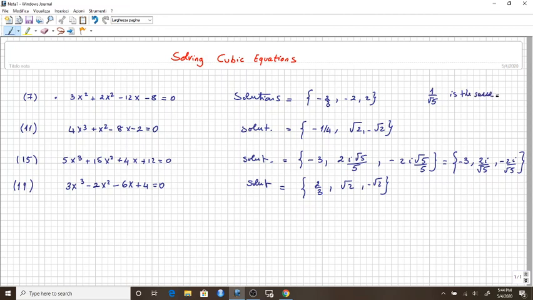Why? Because if you have 1 over square root of 5 and you multiply and divide by square root of 5, you multiply by 1 practically, so you have the same expression. The numerator becomes square root of 5 times 1, which is square root of 5, and the denominator becomes square root of 5 times square root of 5, which is square root of 25, equal to 5. So please understand that the two sets of solutions are the same.